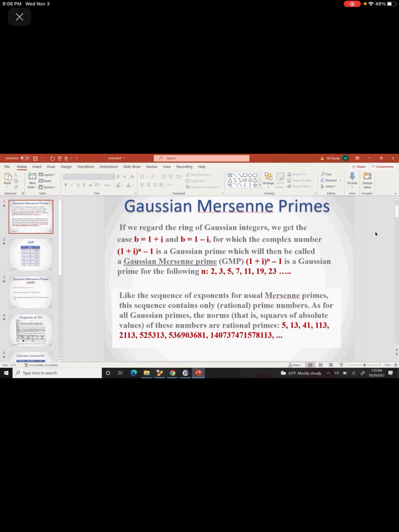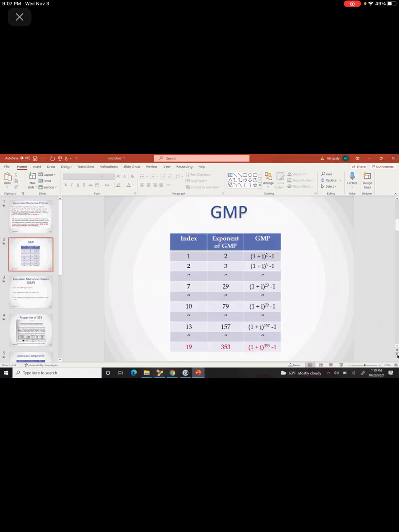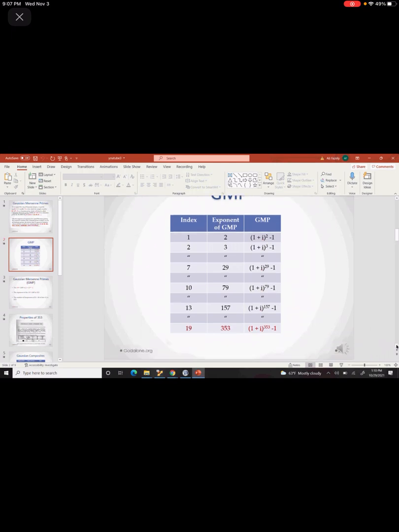Again, in the previous one I talked about how it was done in 1961. These are this century's findings. Okay, so we'll go down a little bit and we'll find that when I made a table here, just like I did for the other one, we notice that the exponent of the 19th Gaussian Mersenne prime is actually 353.